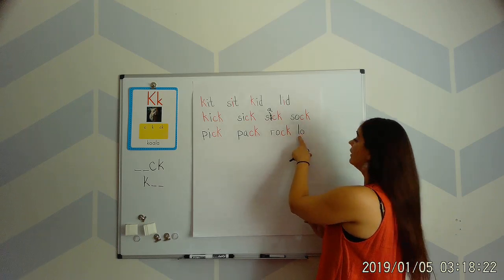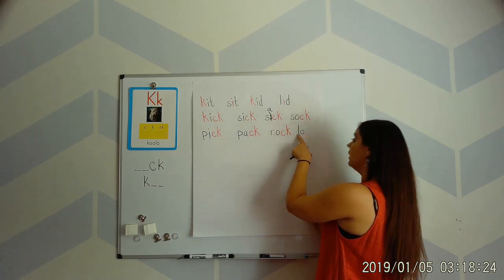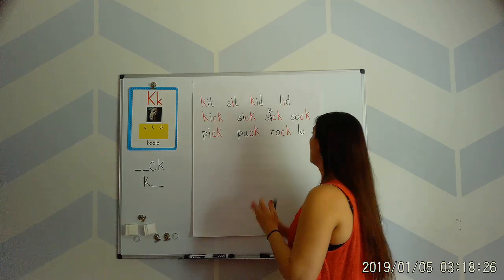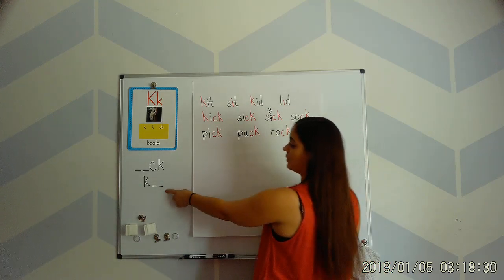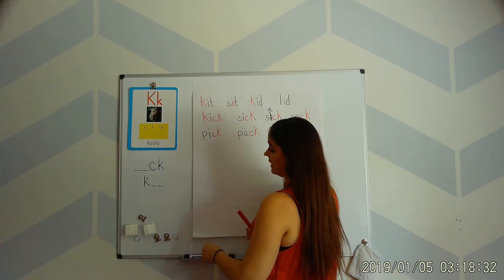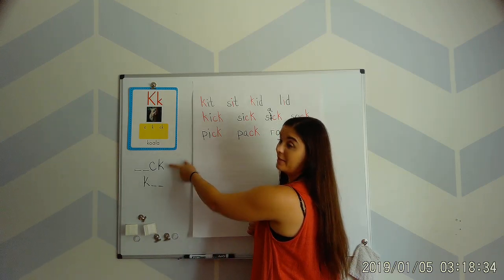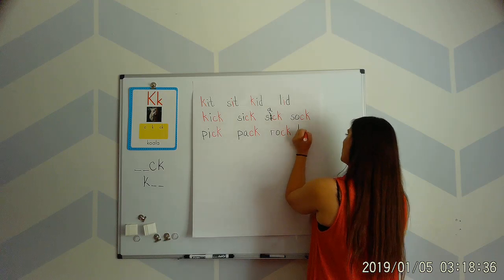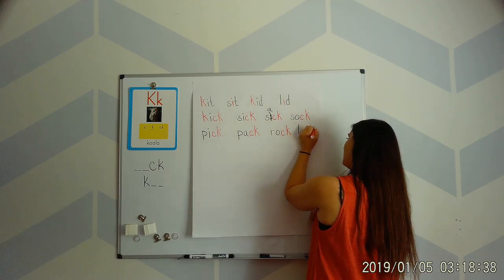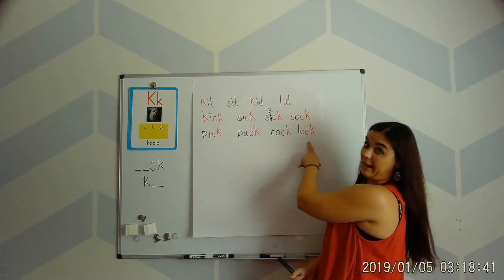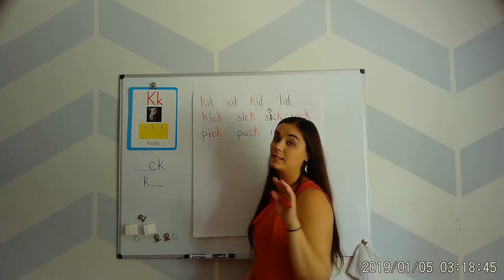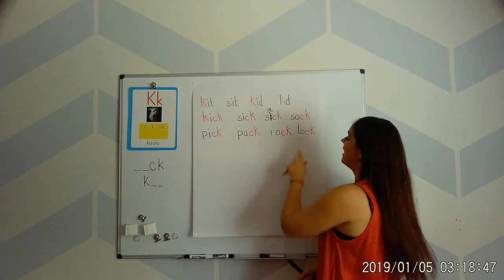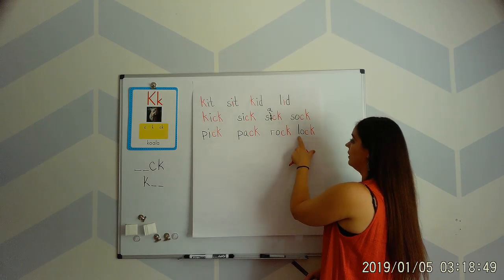So L says, O says, lock. All right, I hear that K at the end. All right, thumb in the air if you think it is K. All right, thumb in the air if you think it is CK. Thank you. We are going to spell it with CK because it's at the end of the word. CK will always be at the end of the word. All right, let's blend. Lock.